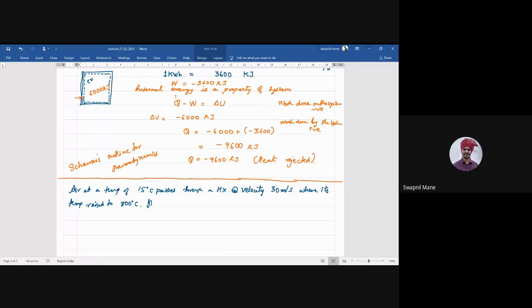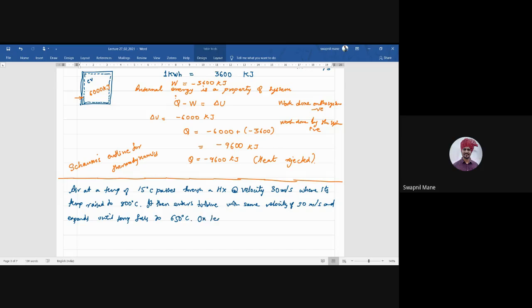Full stop. It then enters a turbine with the same velocity of 30 meter per second and expands until the temperature falls to 650 degrees Celsius.